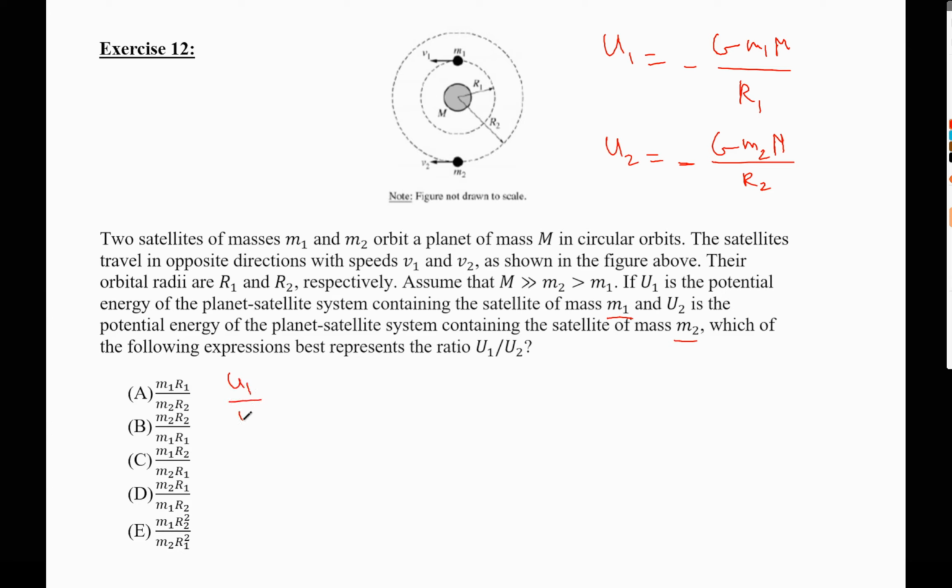So U1 over U2 equals, now the minus signs would cancel, G would cancel, the central masses would cancel, and we would have M1 over R1 divided by M2 over R2, which is basically M1 R2 over M2 R1, making, if you look carefully, C the correct answer.